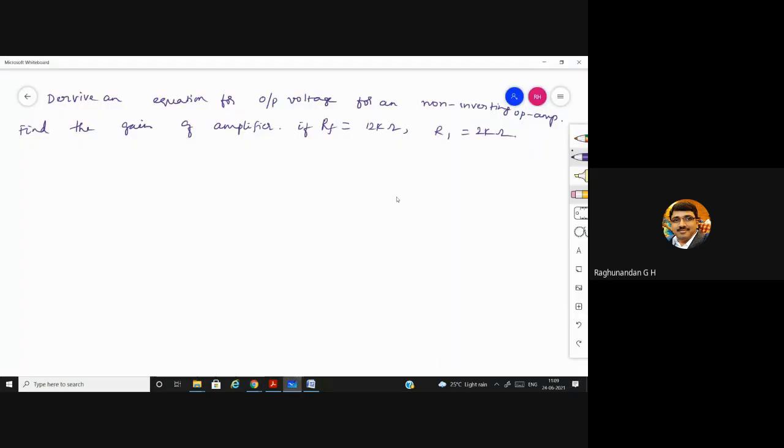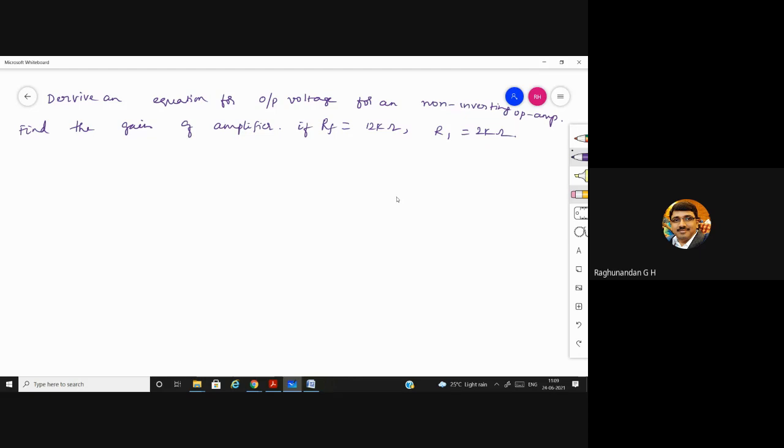This is going to cover some more varieties of questions, like derive an equation for the output voltage of a 5 input inverting op amp and find the gain of the amplifier or find the output of the amplifier.